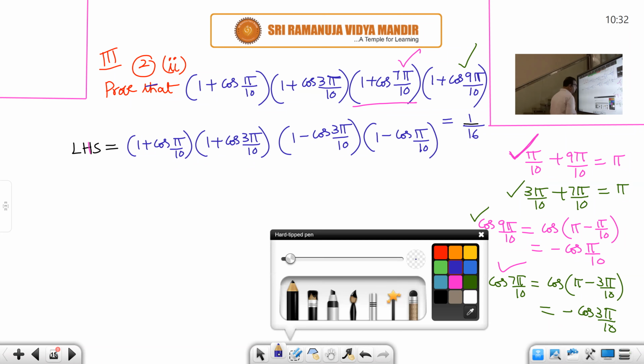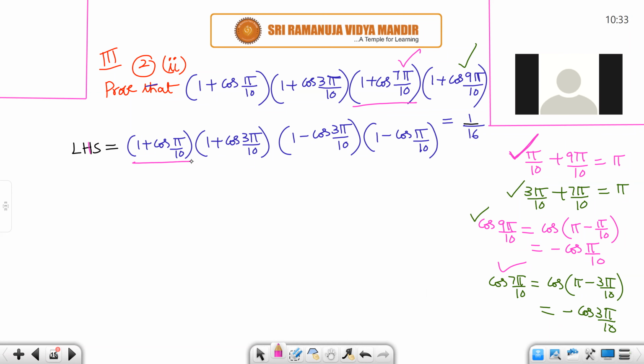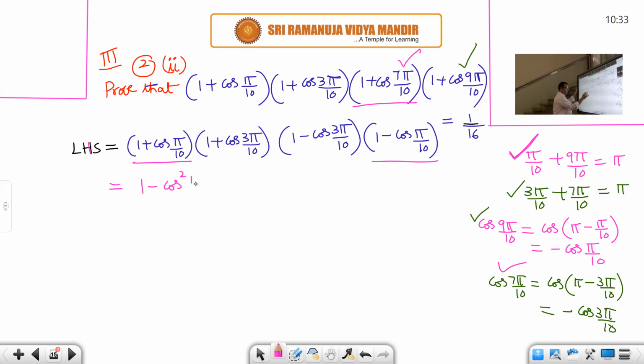Now, Sai Vardhan, first bracket and last bracket, are they not in the form x plus y into x minus y? Yes, sir. So what happens? x square minus y square. 1 square, 1 minus cos square pi by 10.